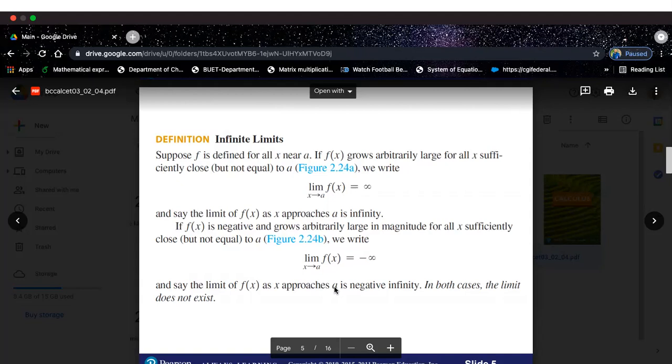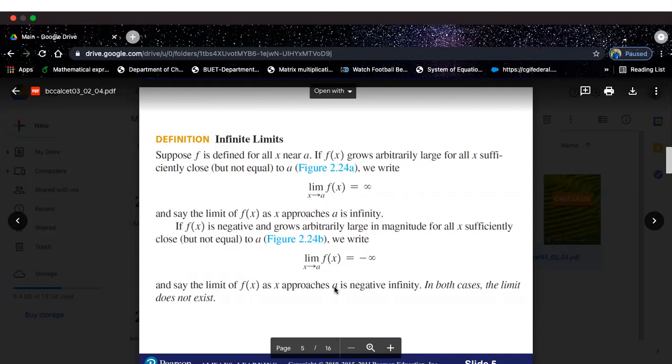Okay, and if it grows arbitrarily large in magnitude for all x sufficiently close to a, I mean, I should rephrase it: if it decreases arbitrarily, or in other words, if the function is negative and it keeps growing, whichever you like.